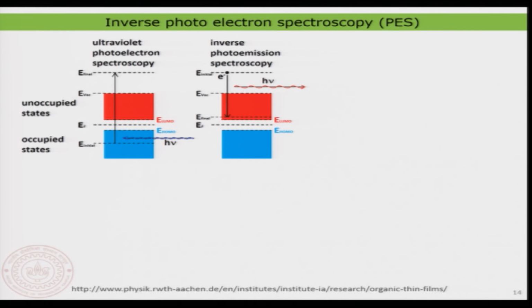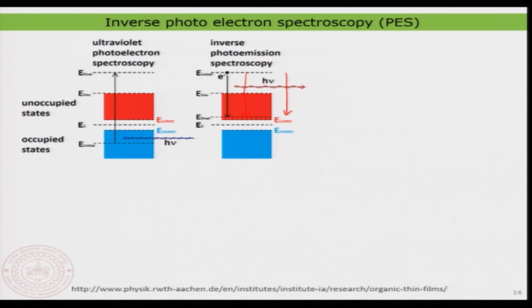Now, what I also want to show you is that you can not only measure ultraviolet photoelectron spectroscopy by removing an electron, you can also do the opposite by injecting an electron into one of the electronic states. By injecting an electron into a given level with a certain energy gap, you get a photon out of the material, corresponding to that particular energy.